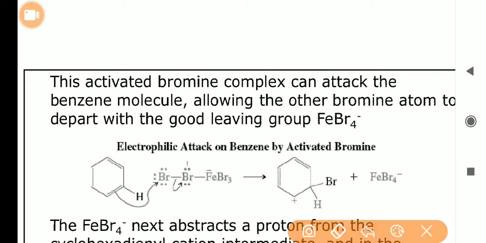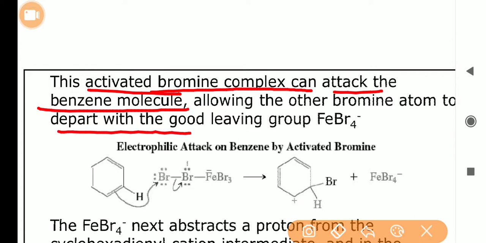Here we see the activated bromine complex. This activated bromine complex attacks the benzene molecule, allowing the other bromine atom to depart as a good leaving group, FeBr4 minus, so the negative charge is generated on FeBr4 minus.